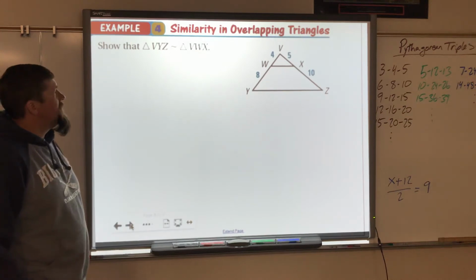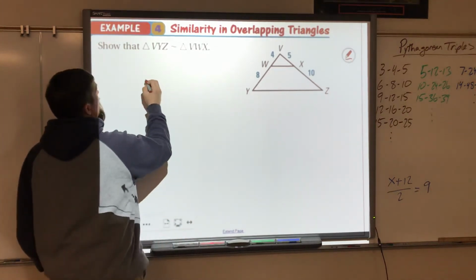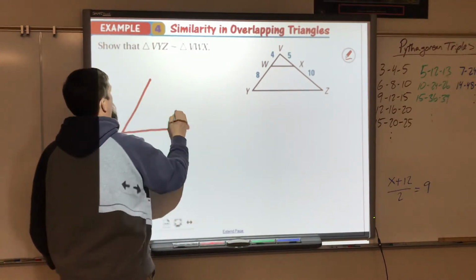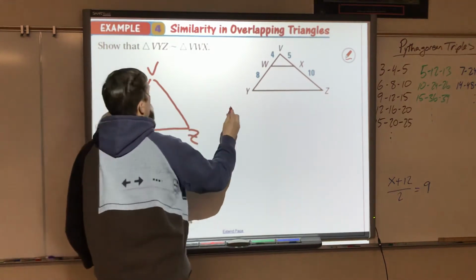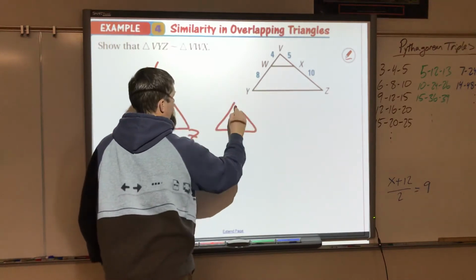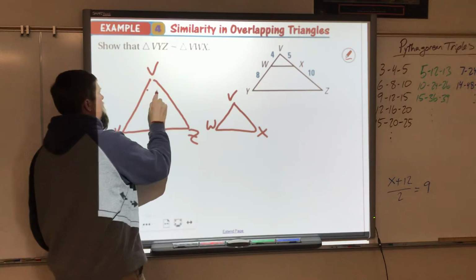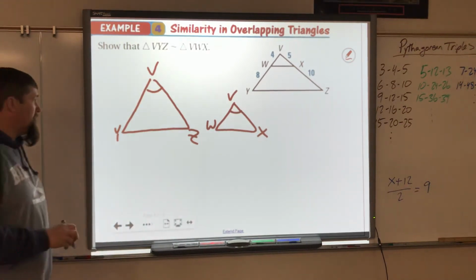Show that this is similar. Okay, so we're looking at 2 triangles. We've got VYZ and we have VWX. We know V is congruent to V. So we know that angle is congruent.